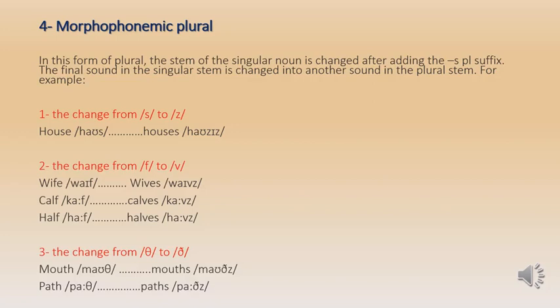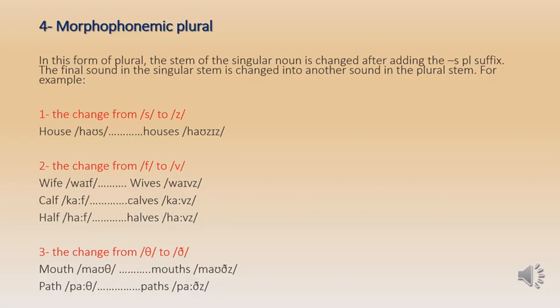Wife, wives. Calf, calves. Half, halves. And we have some other nouns that end in fe, and after adding the s plural, the fe is going to change into ve. And this is what is called a morphophonemic plural.